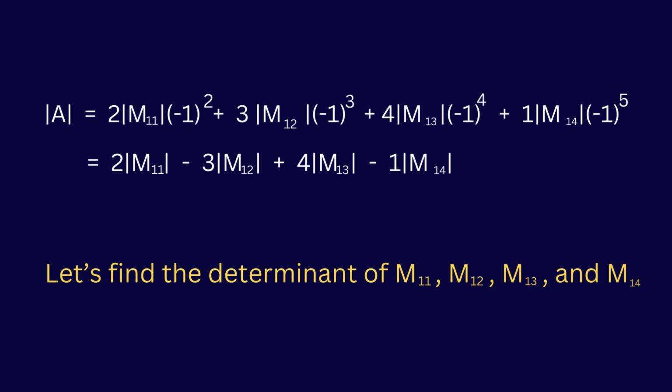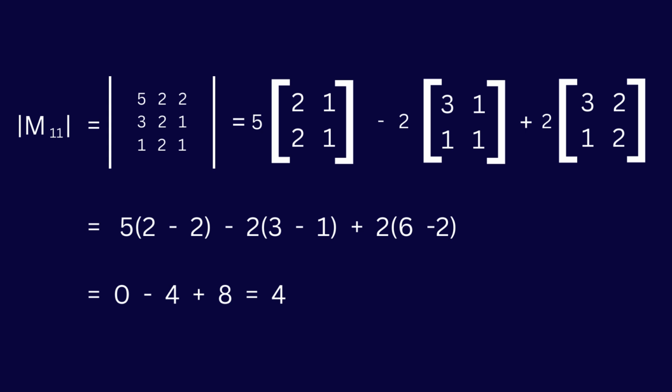Let's find the determinants of the M11, M12, M13 and M14 matrices. You already know how to get the determinant of a 3 by 3 matrix, so I am not going to explain each and every step for getting the determinants of these 3 by 3 matrices.